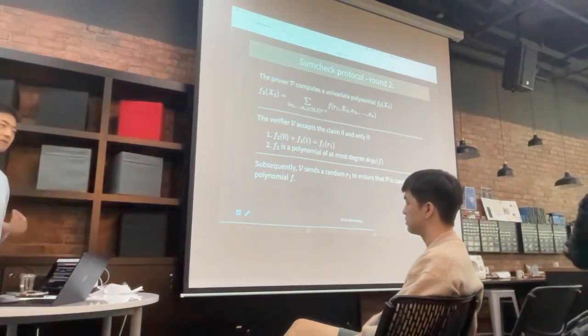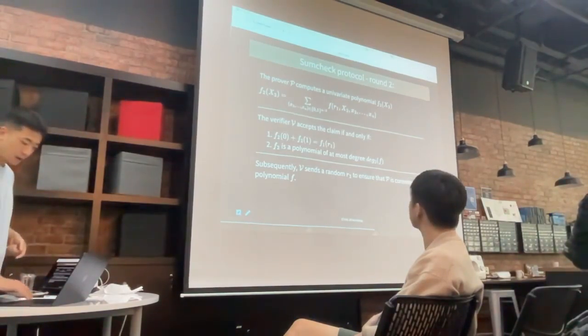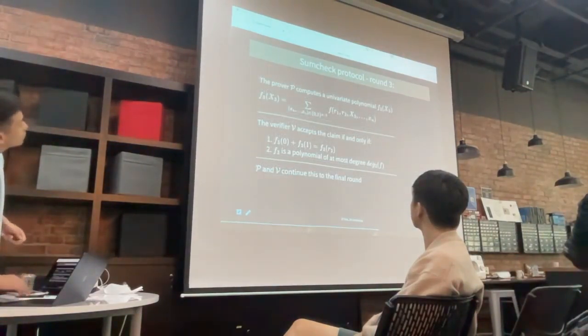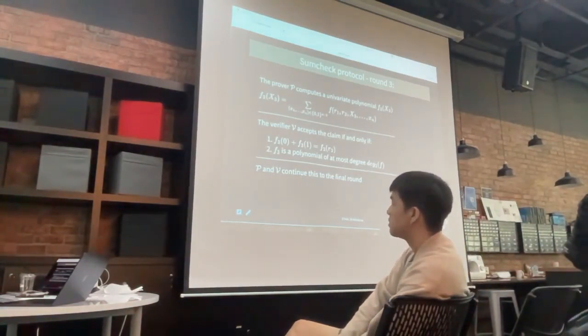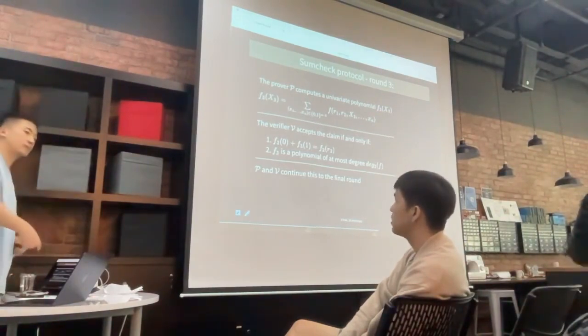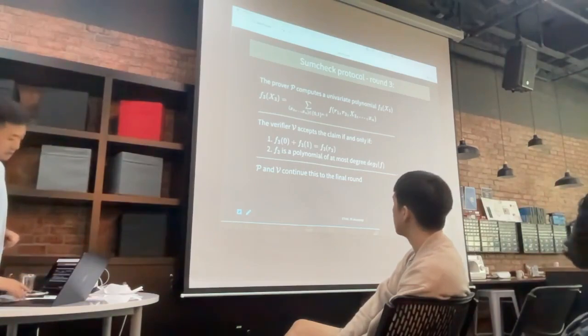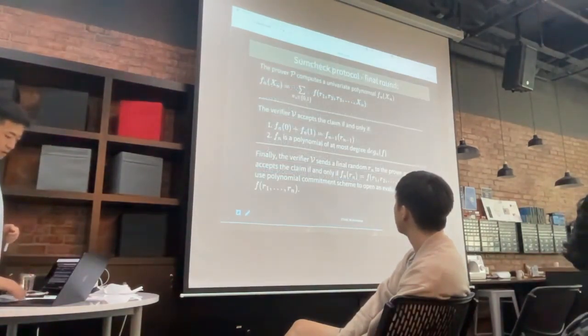We can keep this until the final round. And definitely this is for the third round. For the third round, I put another random value and do that again, and again, and again, and then the final round looks like this.